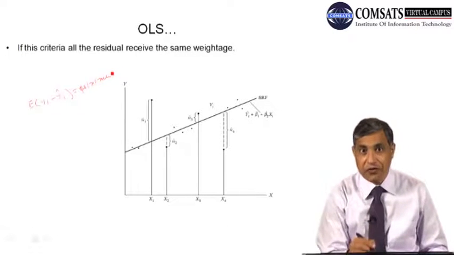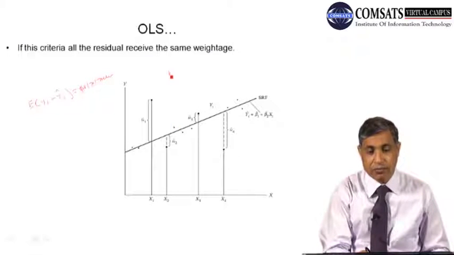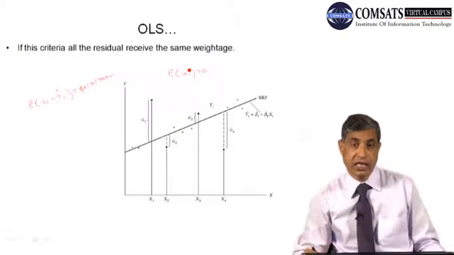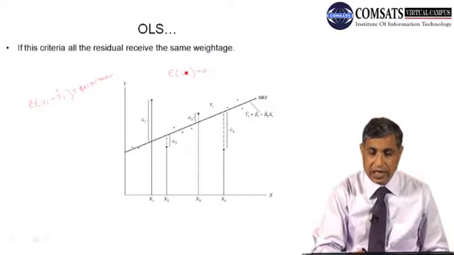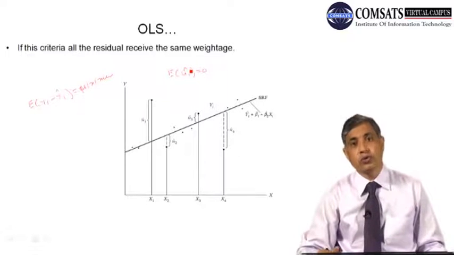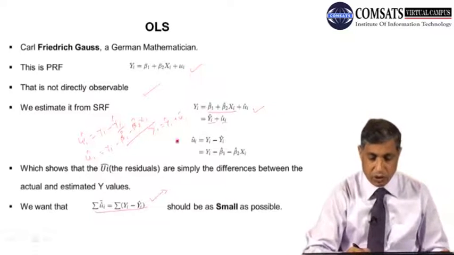If you remember, and you are very smart, you will immediately recall that the residual summation of u_i is equal to 0 from the previous example, and if we sum all the residuals, their sum becomes equal to 0. So what this means is that every time this term will be equal to 0.